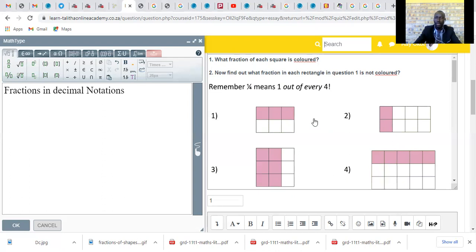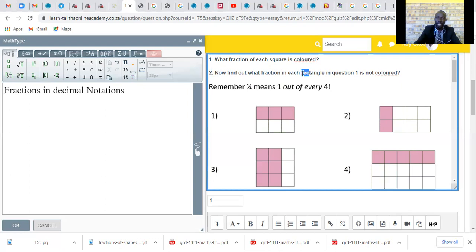So we start right away with this quick question: what fraction of each square is colored?